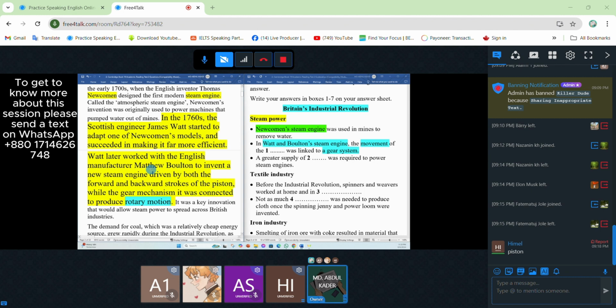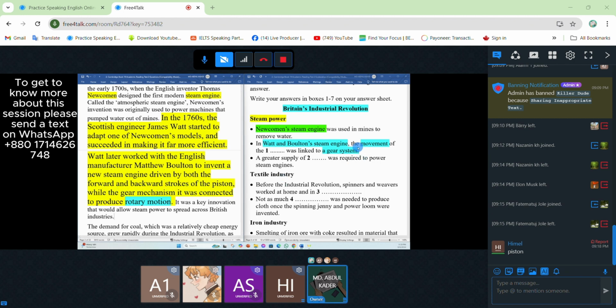So the piston moves with forward strokes and backward strokes.